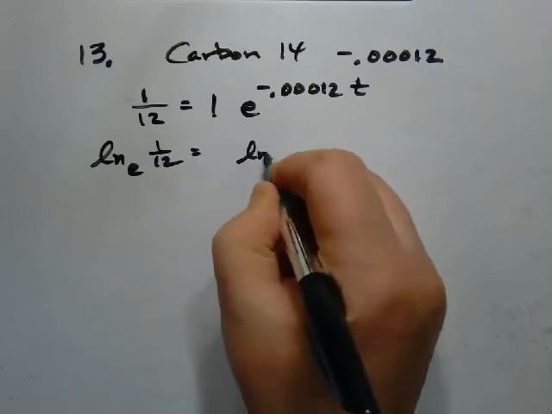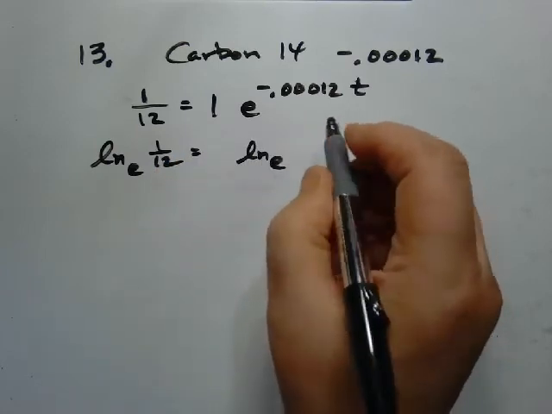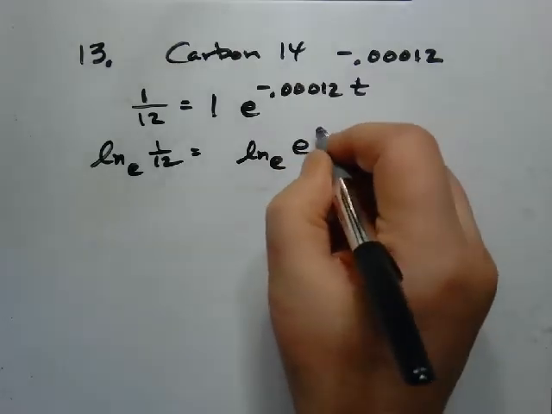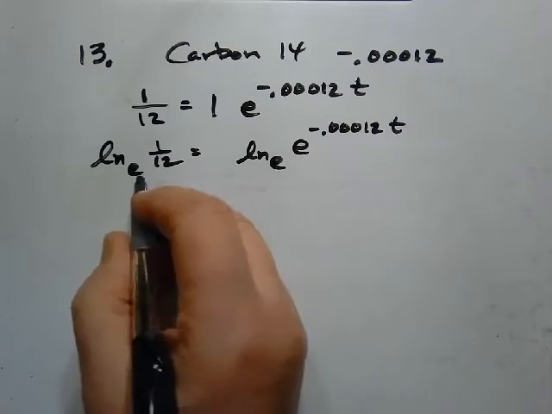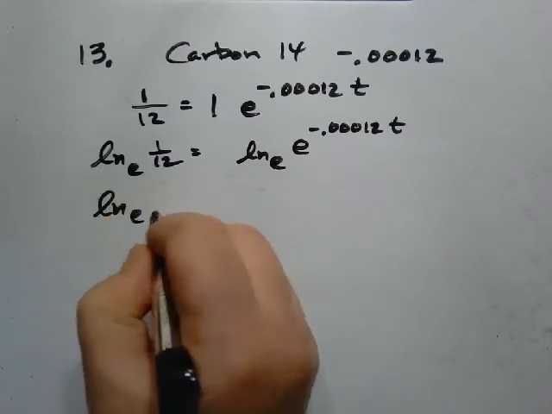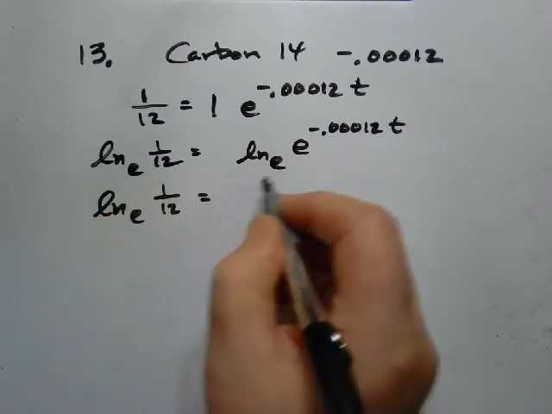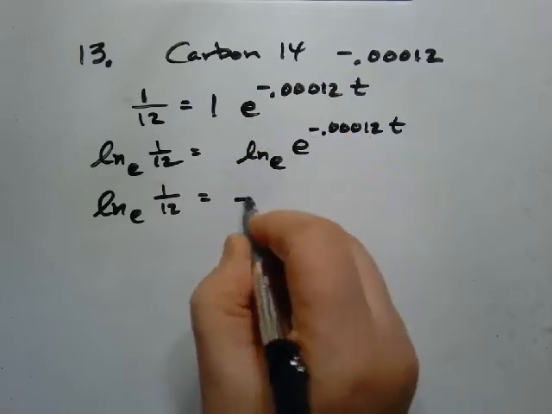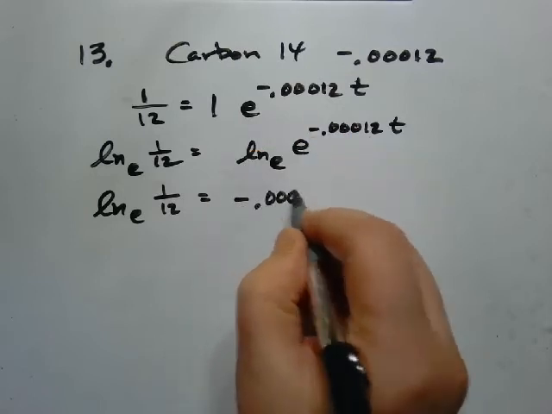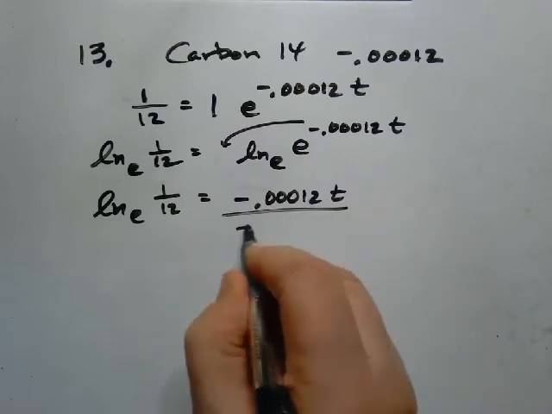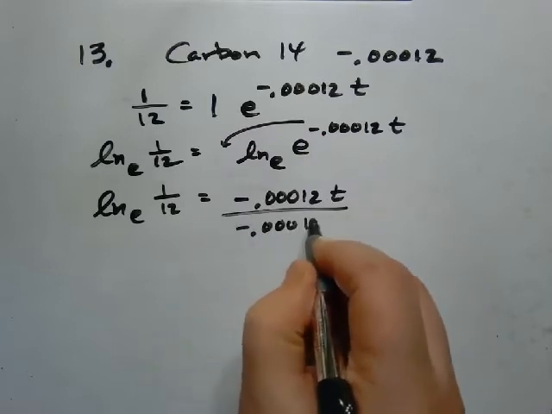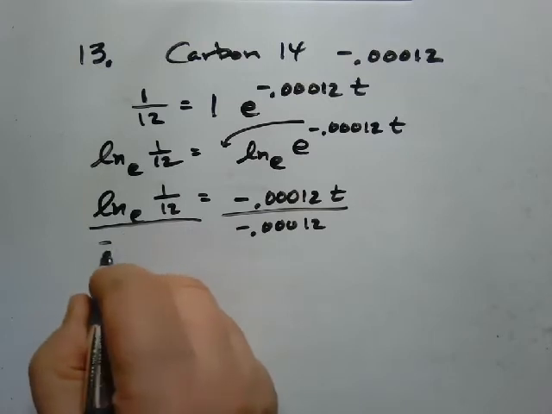That's equal to the natural log base e of e to the negative 0.00012t. First, the natural log goes out. This is natural log base e of 1/12. This is out. That goes around the front, negative 0.00012t, and then dividing by negative 0.00012.